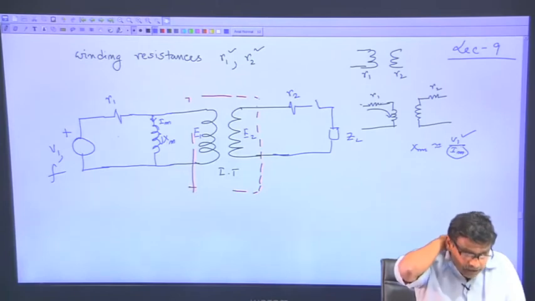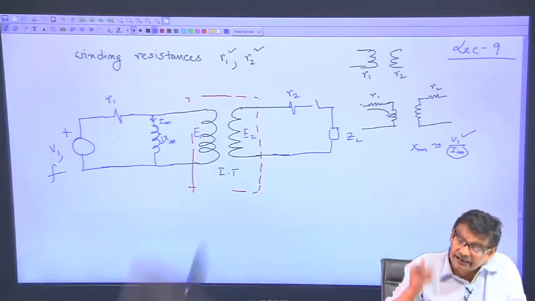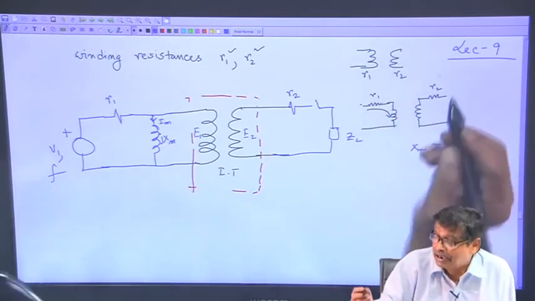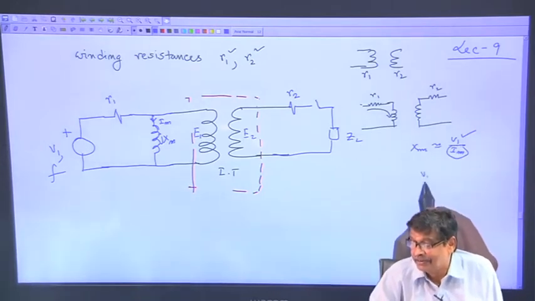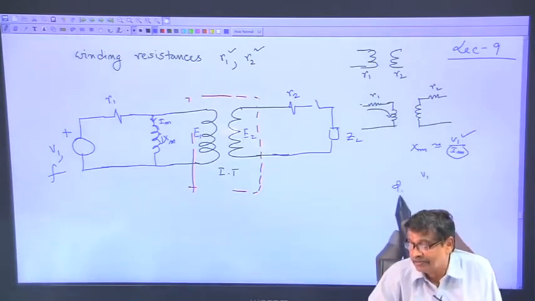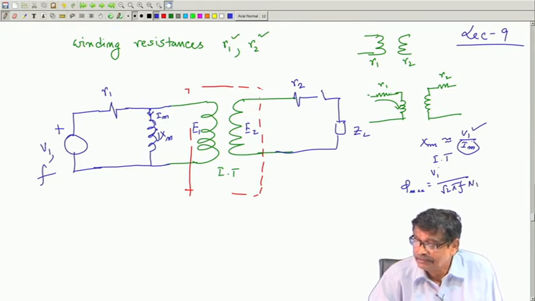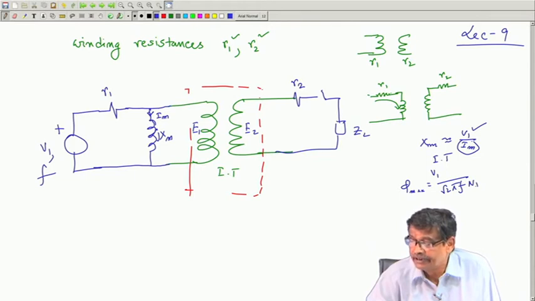Therefore, the magnitude of the voltage applied to this ideal transformer will also not remain constant, as we were thinking in case of an ideal transformer. I was telling that the level of flux phi max is equal to applied voltage, in an ideal transformer, divided by root 2 pi f into N 1, and if applied voltage and frequency are constant, phi max gets decided.